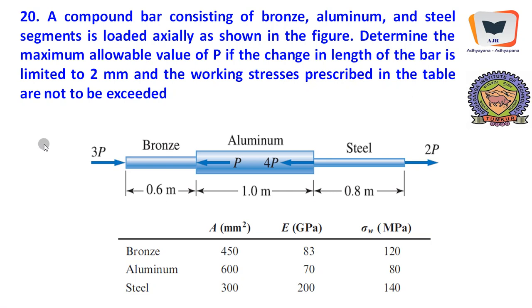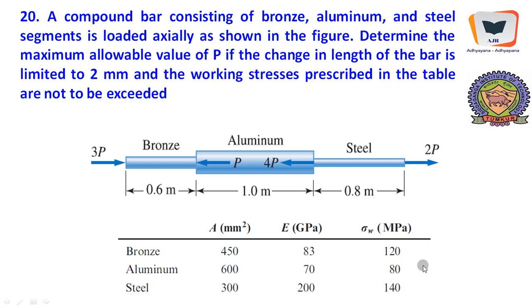It comes as another example, as I told, but this is a little different as far as computation is concerned, because we need to find the most appropriate value of P which can never cause the net deformation, whether it is extension or compression, to exceed 2 mm, and the stress in all the components should be within their permissible limits.